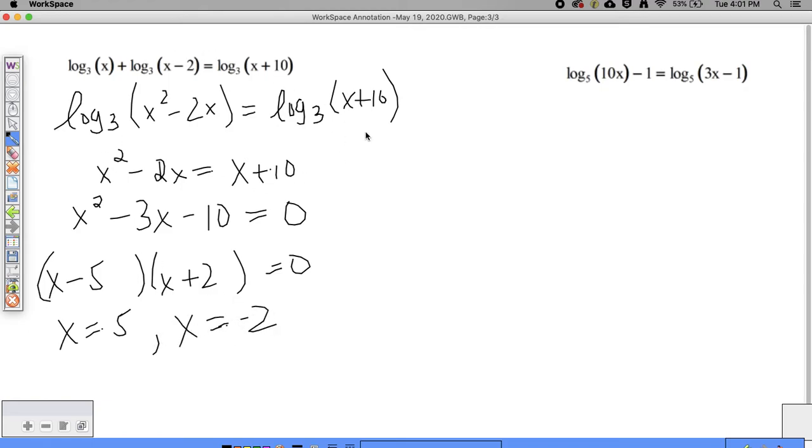Now, remember, we have to go back into this equation, and we have to test both values. So when we start off with x equals 5, I'm going to go back here, and if you check it out, log base 3 of 5 plus log base 3 of 2, does that equal log base 3 of 15?